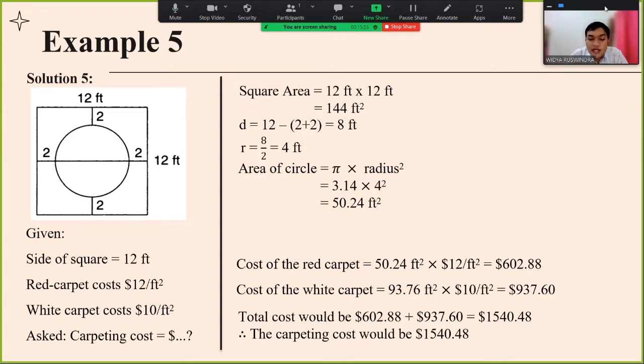The conclusion is the carpeting cost would be $1,540.48.